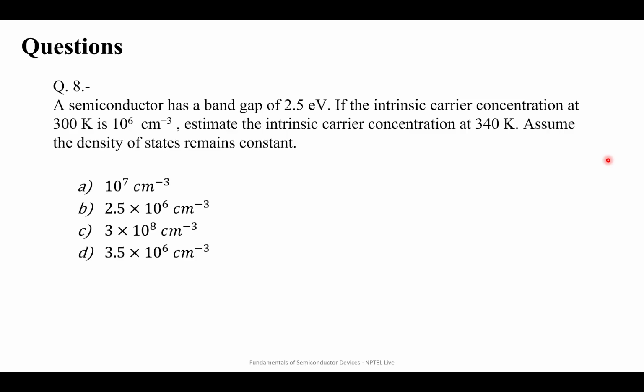For band gap 2.5 electron volts, you are given that the concentration at 300 Kelvin is 10 power 6. Now you have to calculate the carrier concentration at 340 Kelvin. The options are 10 raised to power 7 per centimeter cube, 2.5 into 10 raised to power 6 per centimeter cube, 3 into 10 raised to power 8 per centimeter cube, 3.5 into 10 raised to power 6 per centimeter cube.